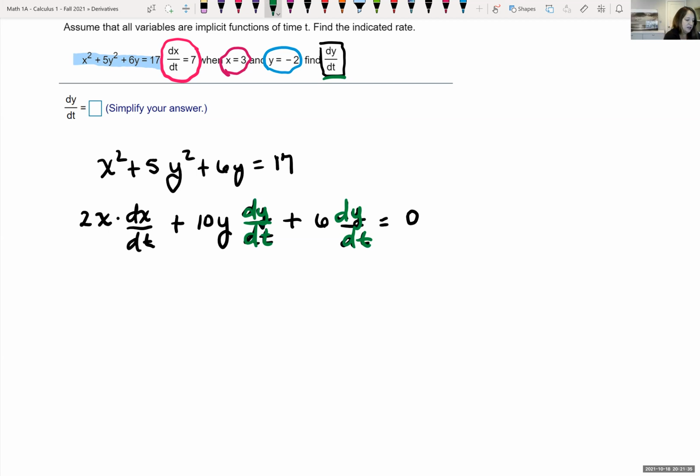If you want, you can. Right now, we also have what dx/dt is, though, so we could plug in what that value is. That's 7. 2 times x, but x is given to us to be 3.